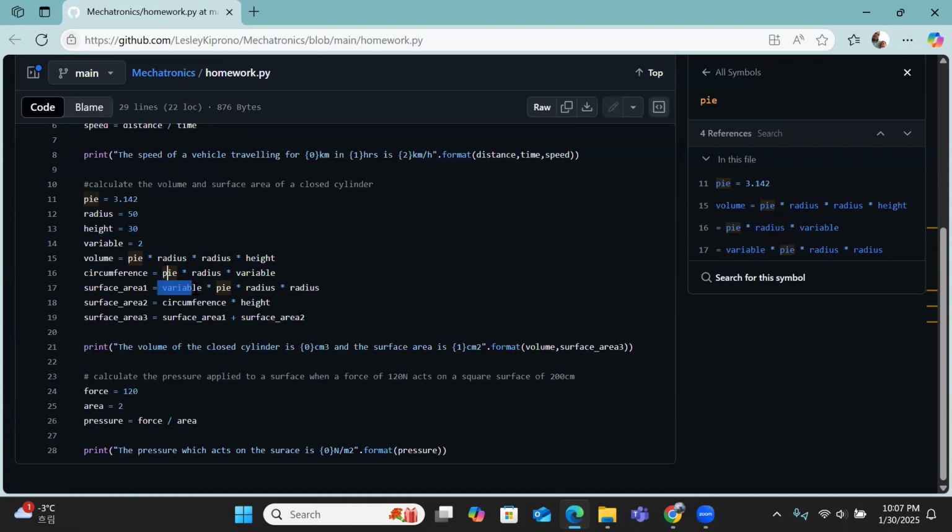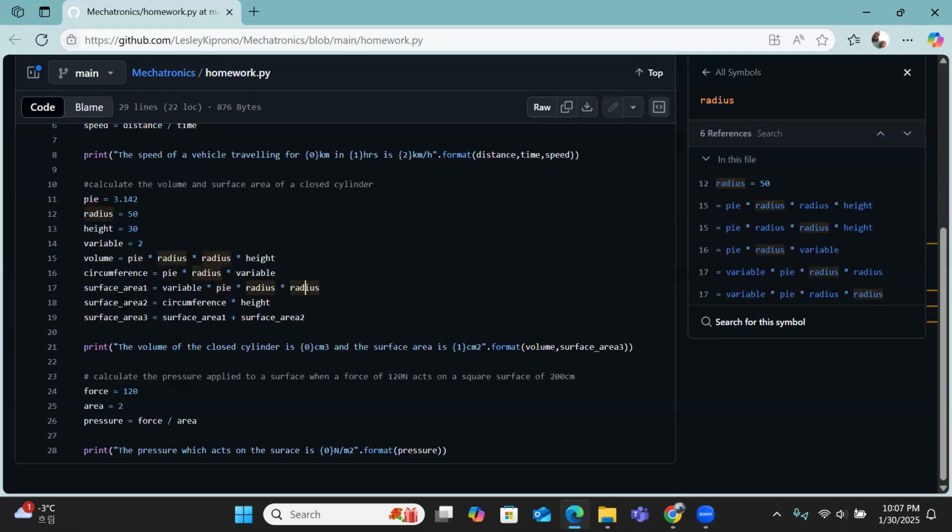Then surface area, 2 pi r, and then total surface area. You don't need to do all this. You do it like the first surface area, circumference times height, which is 2 pi r times that, and then surface area 1 is the 2 circles.